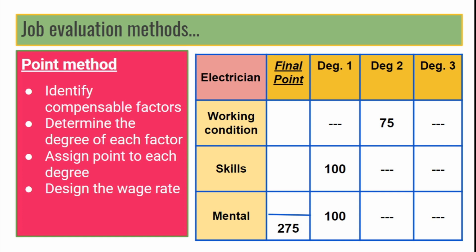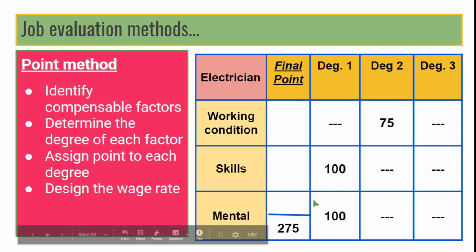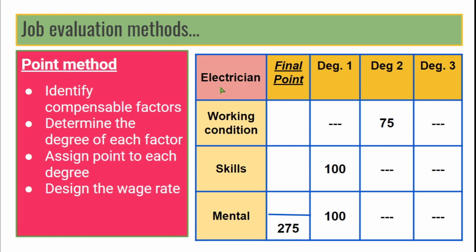Alright, and finally we'll add these points and assign the wage rate according to the pay range of the company. Here the total points of an electrician is 275. Let's say the pay range of a company for the class of employees like electrician, cleaner and plumber, etc. ranges from rupees 10,000 per month to rupees 25,000 per month.